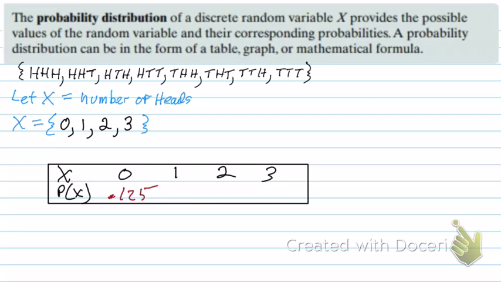How many of those have just 1 head? Three of them? Okay, so as a decimal, 0.375. It's just 3 times that 1/8.